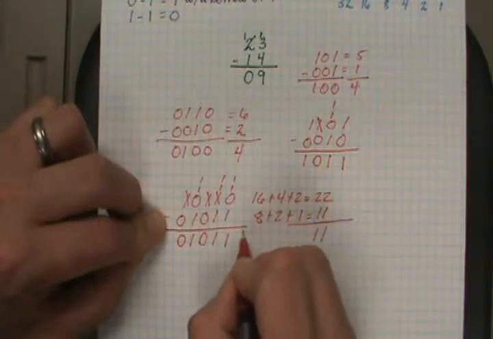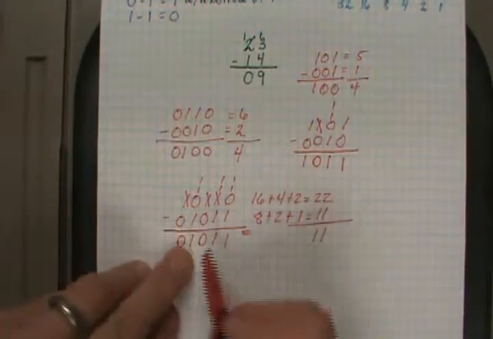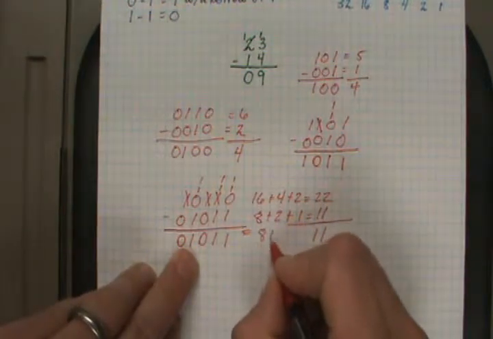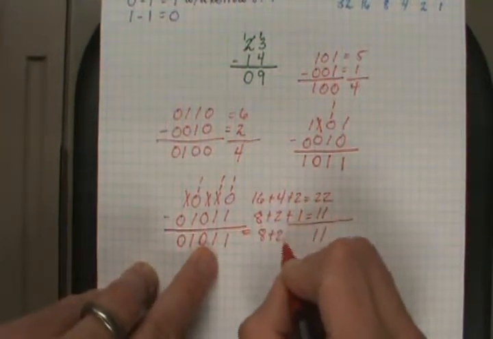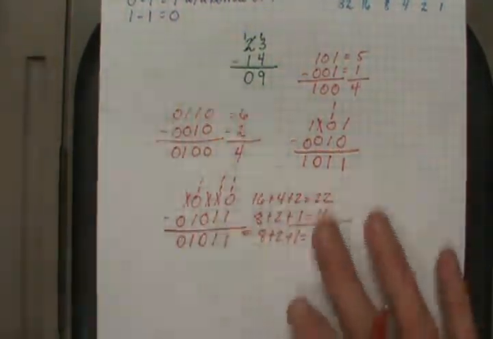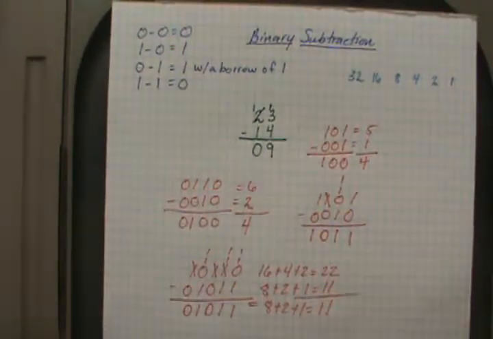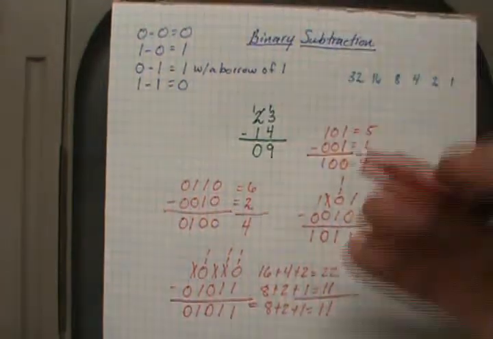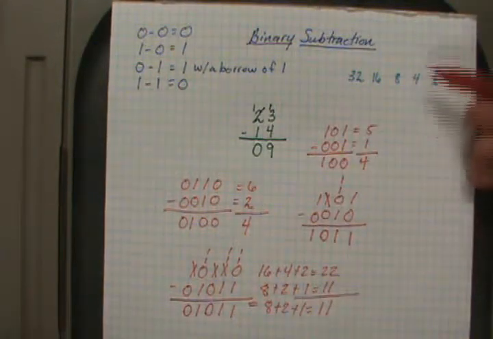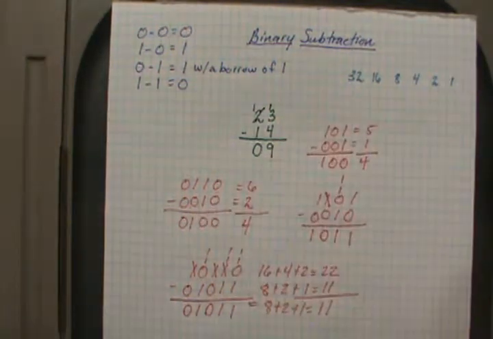So let's check our math. We have 8 plus 2 plus 1. In fact, that does equal 11, so our math does work out. So that's just a brief example of how we have to use that borrow when we are subtracting. We have to populate that field value so that we can maintain the structure. Alright?